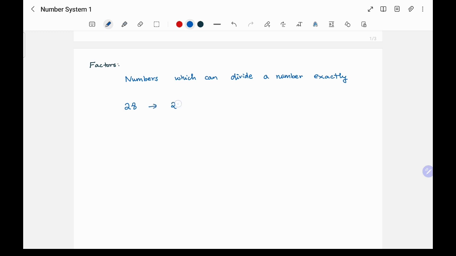So now when we divide 28 by 7, it is nothing but 4. The quotient is 4 and the remainder is 0. So when the remainder is 0, we say that the number 7 divides 28 exactly. So that is the meaning of the word exactly.